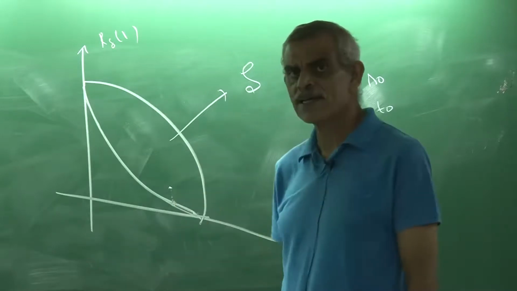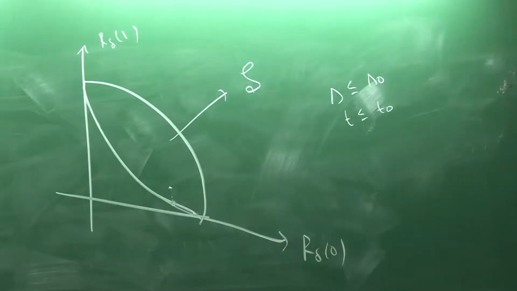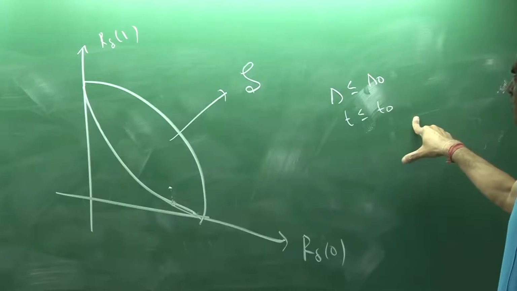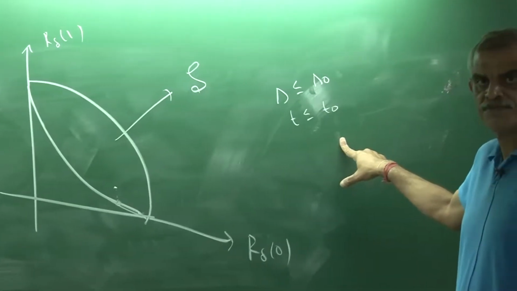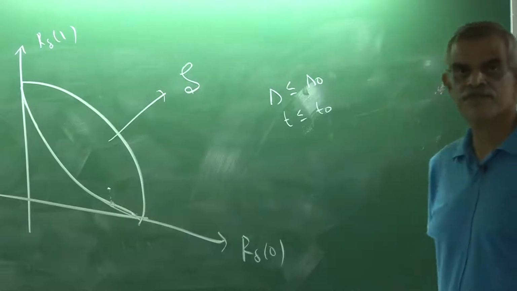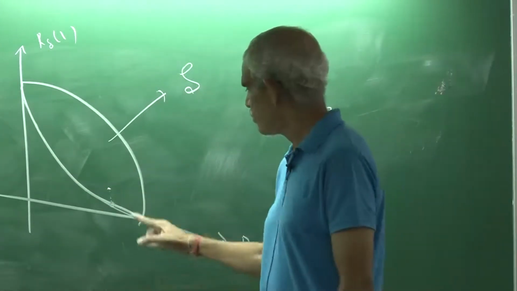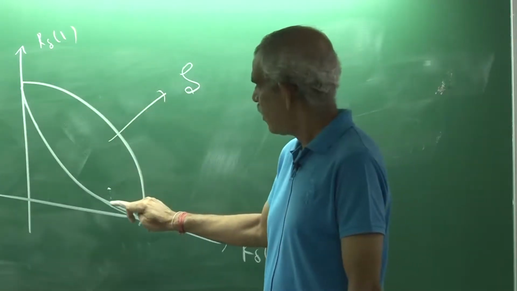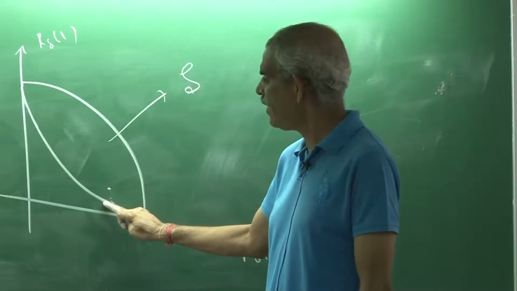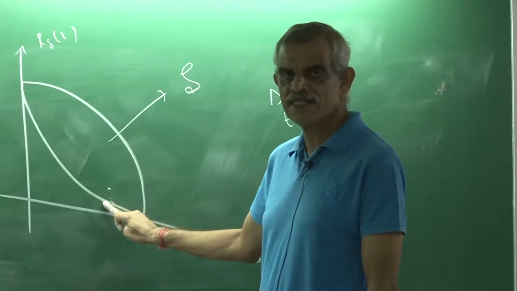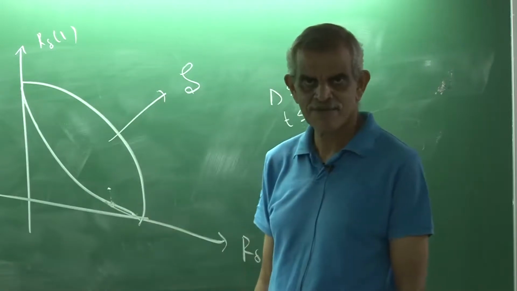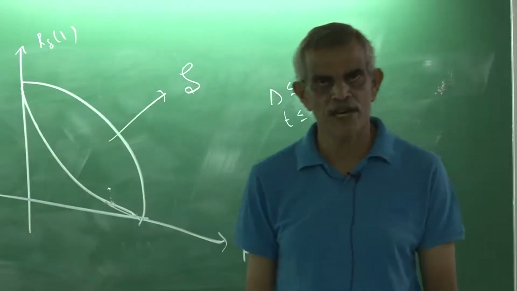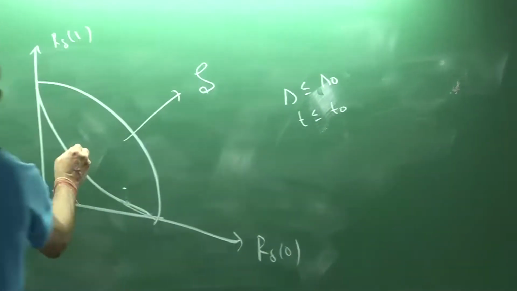If I look at a point over here, can I find an estimator such that this holds with strict inequality? Can I find S naught and T naught such that this holds for this point ST? The answer is no, because all the above points cannot be, only the lower point could be. If I move over here, although the x-axis is decreasing, the y-axis is increasing. So they are not comparable. So all the estimators on the lower boundary are not comparable, so they are the only admissible estimators.